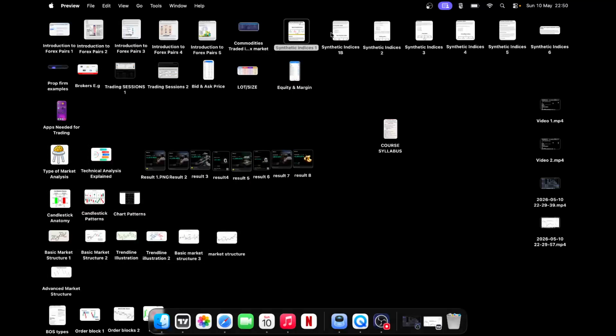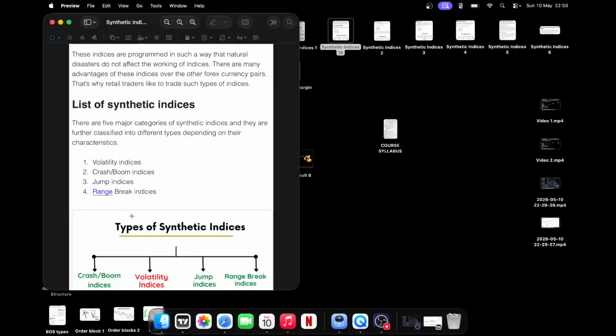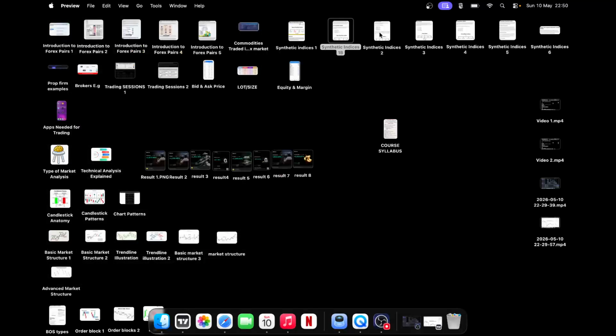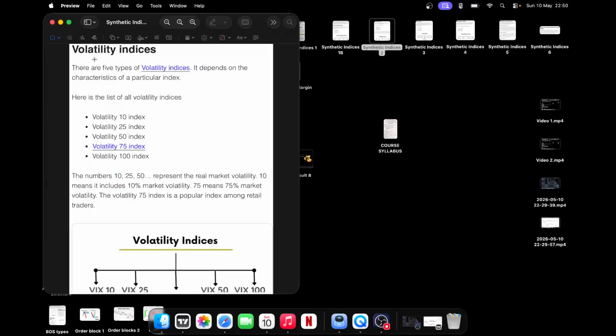These are the list of synthetic indices that you can trade. All of them have different examples under them. Like volatility indices, you can say, okay, it is Volatility 10 index you want to be trading, or Volatility 25, Volatility 50, 75, and everything.